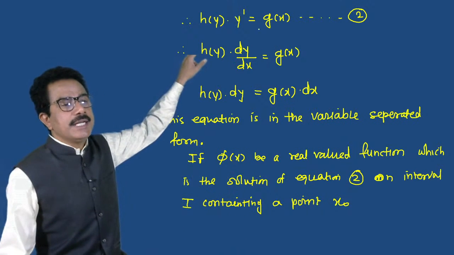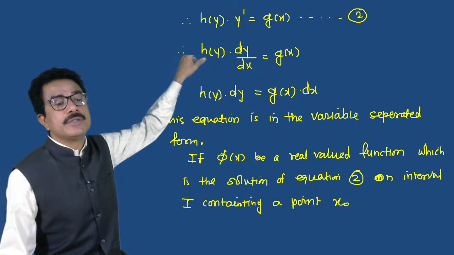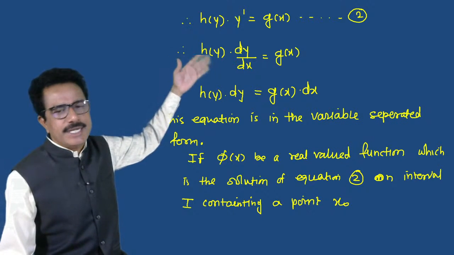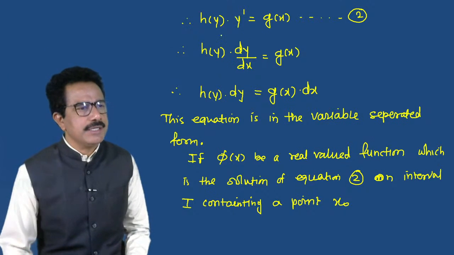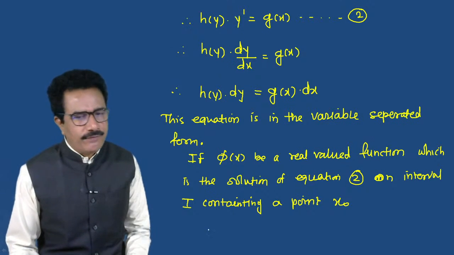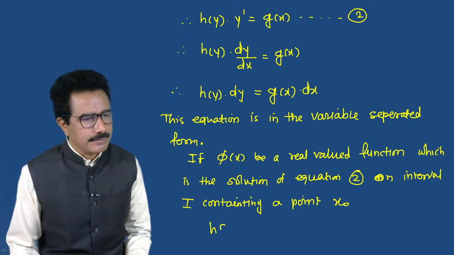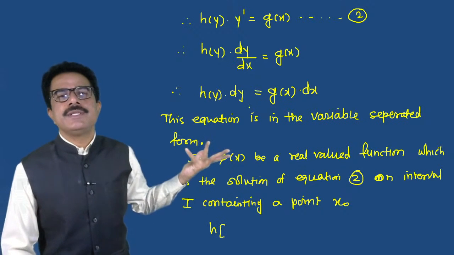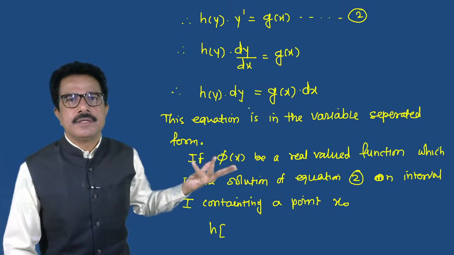Now we have considered phi of x is the solution of this differential equation 2. Then we can write this differential equation as h of phi of x. Phi of x means y is the solution.